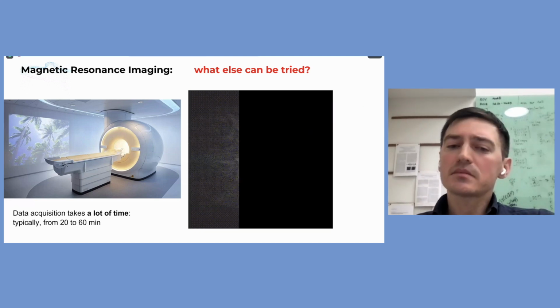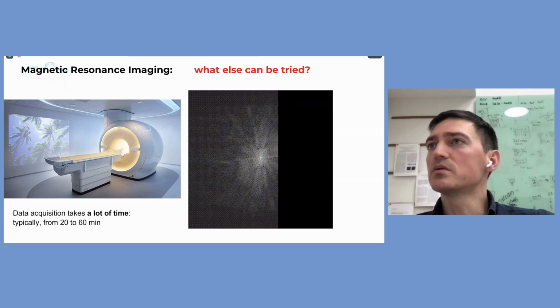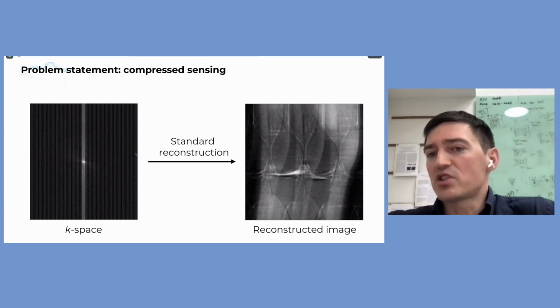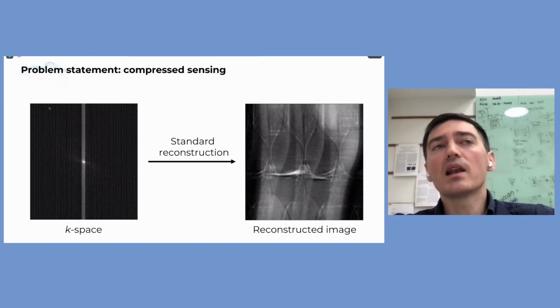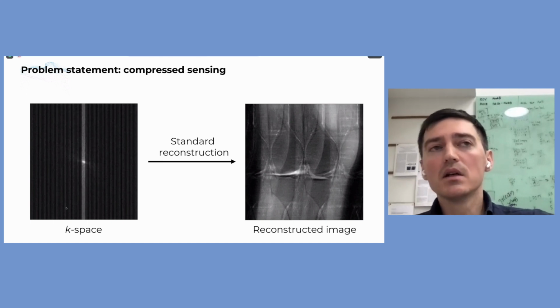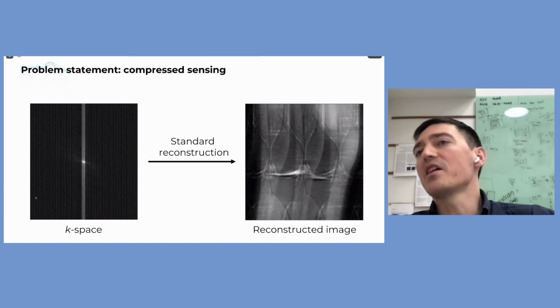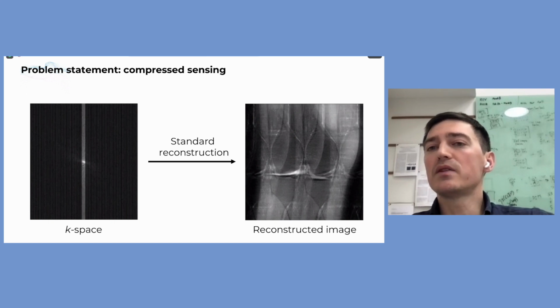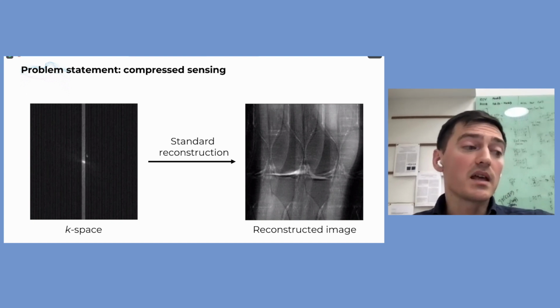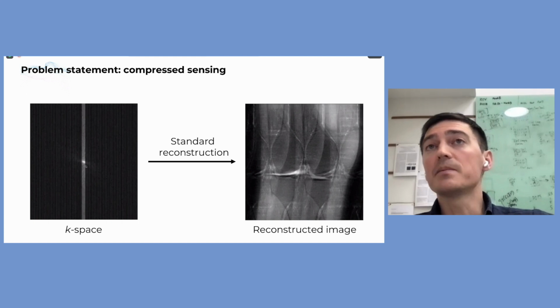And now we step into the discipline of compressed sensing, which is a simple idea: if you need to collect all of that information, let's not do that at every frequency. Perhaps we can skip every other line, for example, and maybe sample more in the central frequency part, because the majority of information, as we discussed in the first part, is contained within that area.